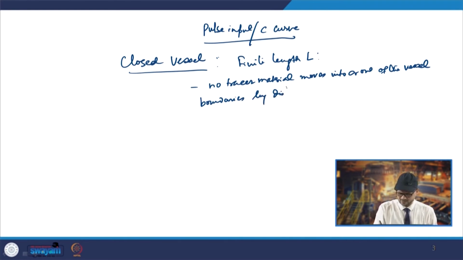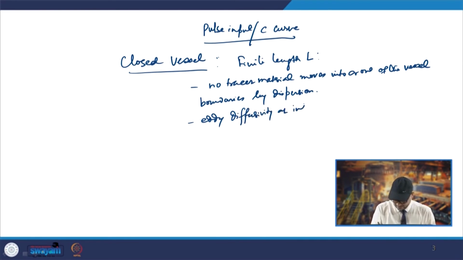So, that is the definition of the closed vessel. In this case the eddy diffusivity at inlet and outlet will be 0.